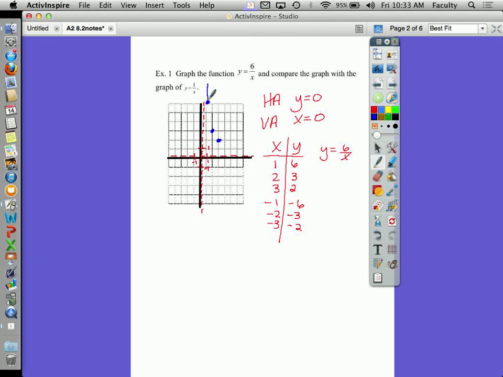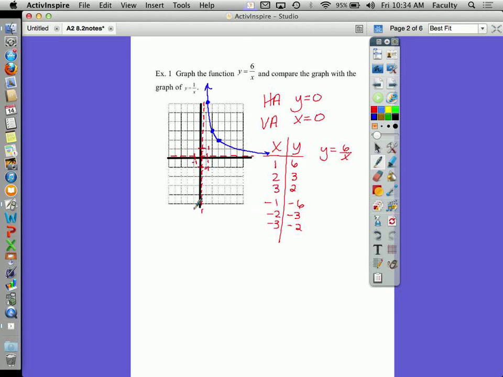So what I want you to notice is that it's going to take a little bit of time to get it to approach. So you need to take care, and I hear you guys say you don't like to do graphing, because these do take a lot of effort. And that's a good thing for us, to spend time and energy on this and put detail in. So as you're drawing this going to the right, you have to keep going a while to get it to start, what I like to call hugging the asymptotes.